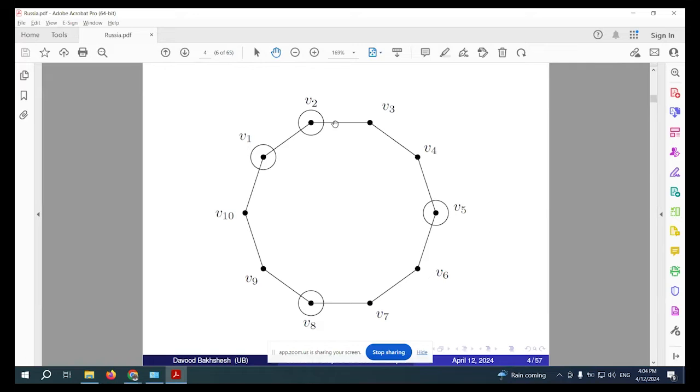The vertex V2 dominates vertex V3, and vertex V5 dominates the vertices V4 and V6, and the vertex V8 dominates V7 and V9, and finally the vertex V1 dominates the vertex V10. And we can see that the domination number of this graph is 4.